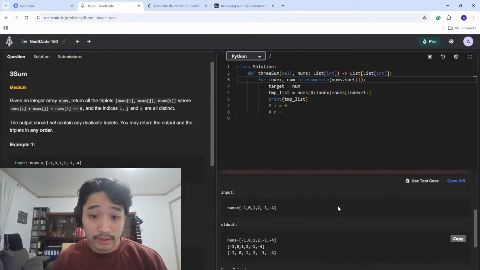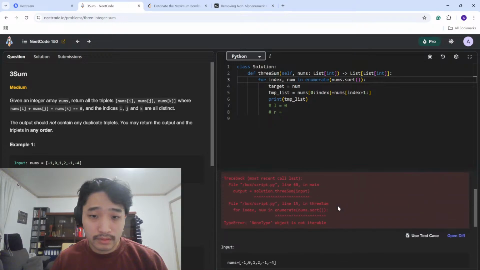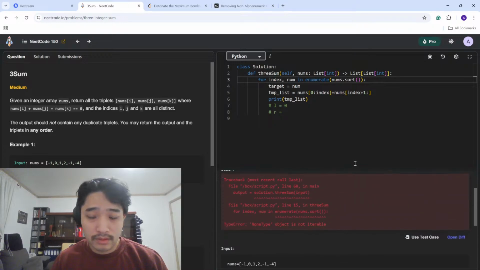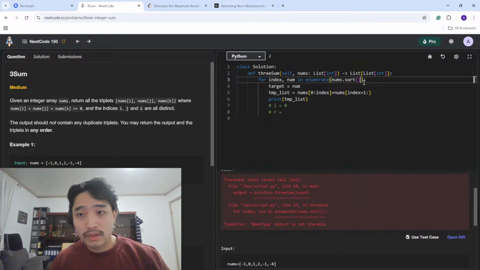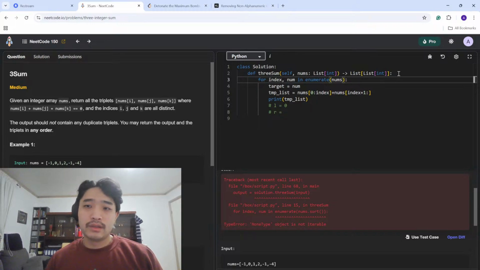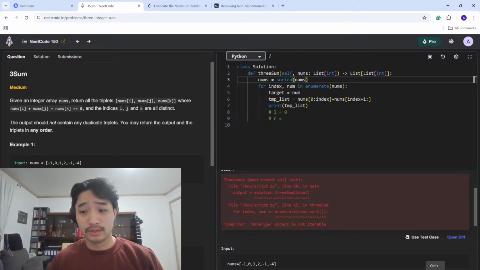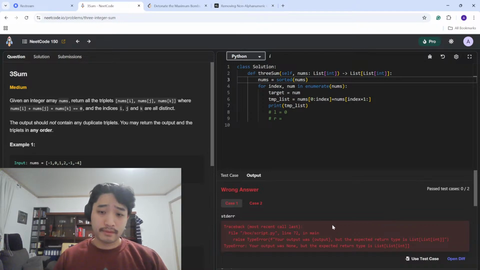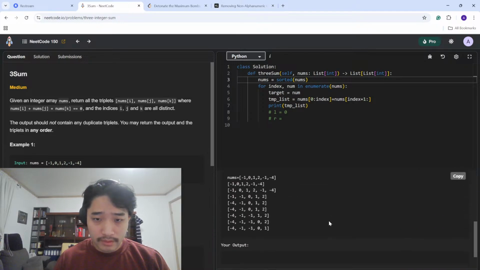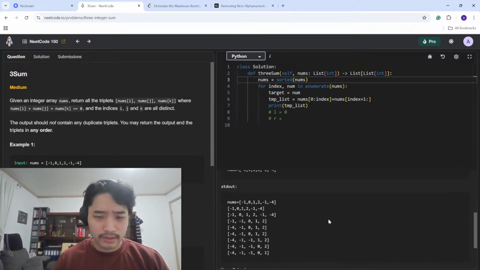And this didn't even work. It's like nums equals sorted nums. Does this work? No, why can't I sort it?